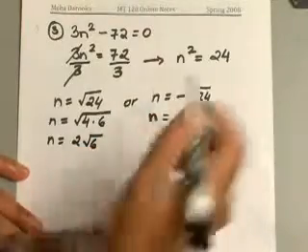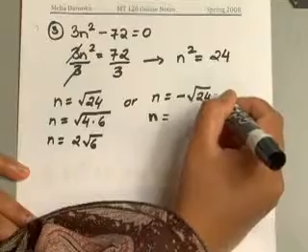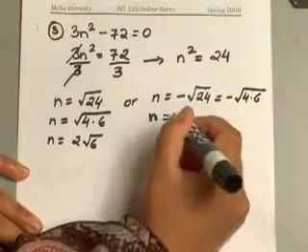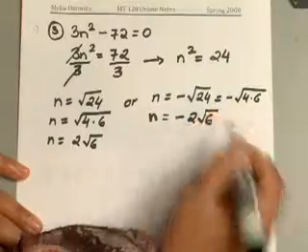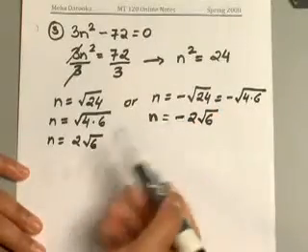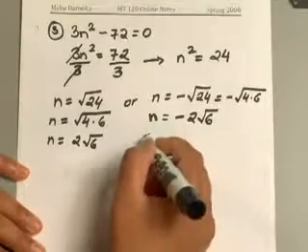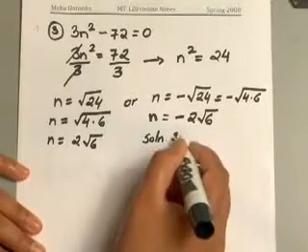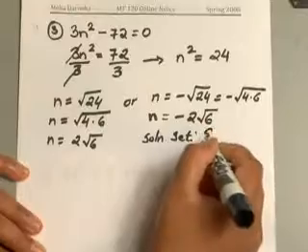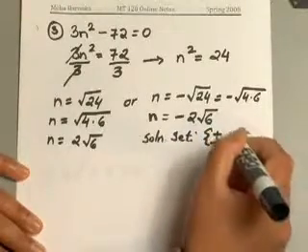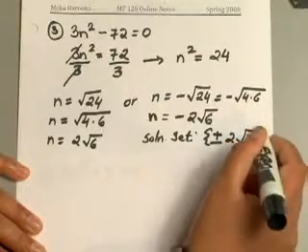And of course, if you try and do the same thing here, you will end up with negative 2 square root of 6. So the only difference between these two values is that one is positive, one is negative. And again, you can say your solution set is going to be positive and negative 2 square root of 6.